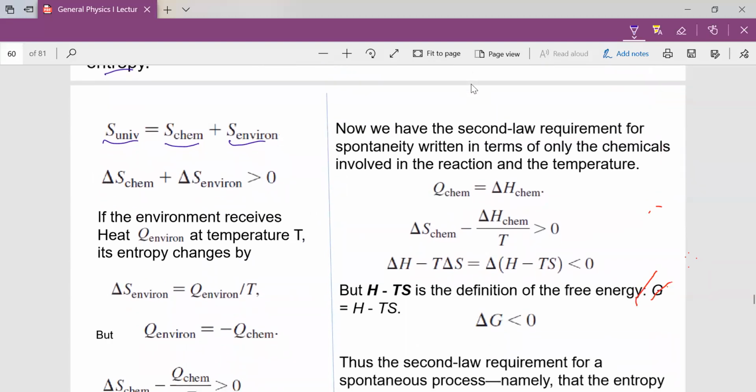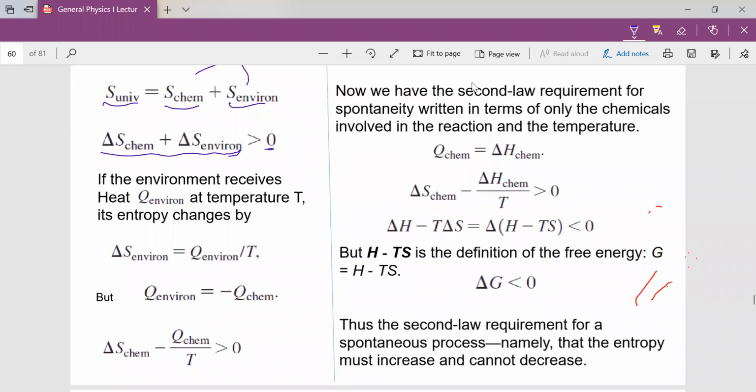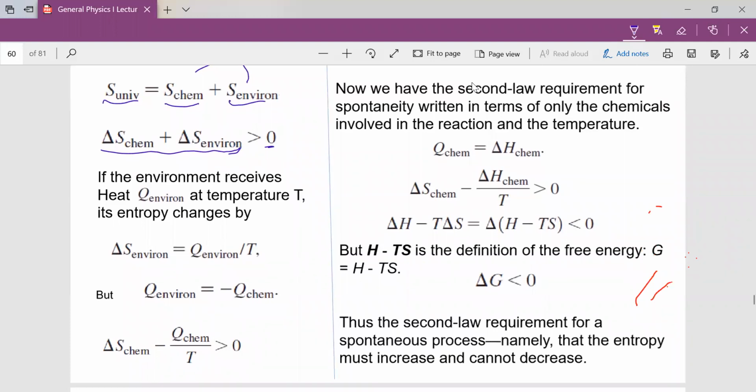So if the entropy of the universe is the sum of these two, we can express it that the entropy of the universe must be greater than 0 for spontaneity of reaction to occur. All right. So if the environment receives heat, for which the symbol is Q, at a certain temperature, the entropy will change, right?